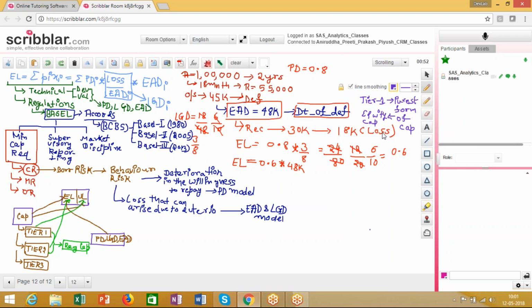So over here, what do I mean by equity capital? Banks generally issue their shares, or they issue equity.